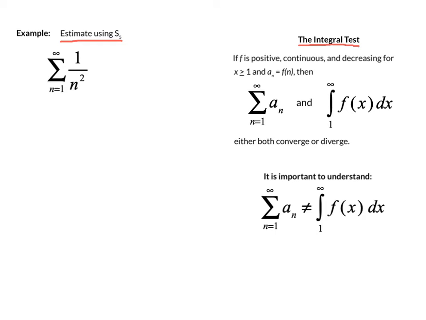We look at that and we say, well, p is equal to 2 in the denominator, and the p-series test says anytime p is greater than 1, we can state that it is convergent. But the only reason we can state the p-series test is the integral test, so it's basically a corollary of the integral test. So we know that this does have a numeric value, but how do we approximate it?